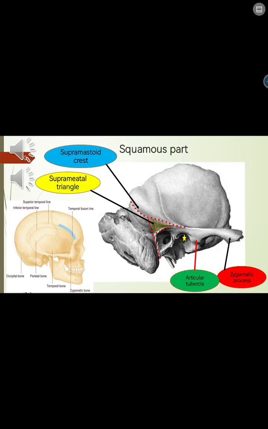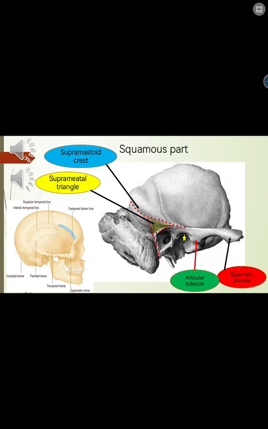In another word, we can say that supramastoid crest continues upward along with temporal line. Or we can say continues posteriorly along the temporal line and anteriorly along the superior surface of zygomatic process, as you can see in the picture.